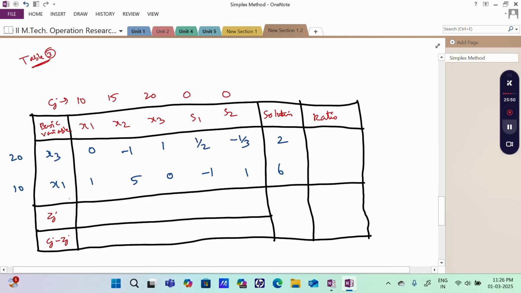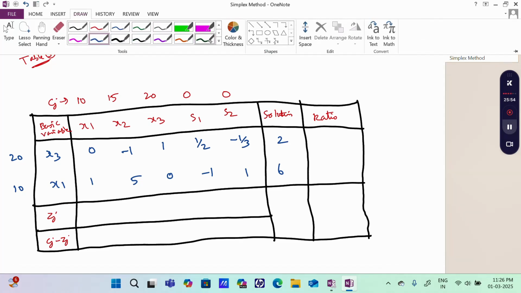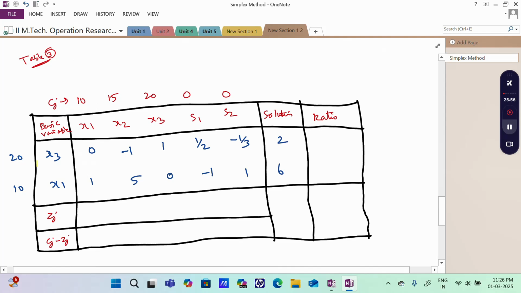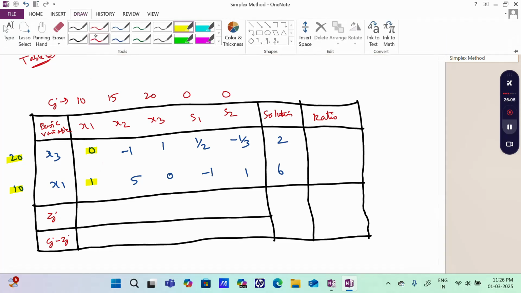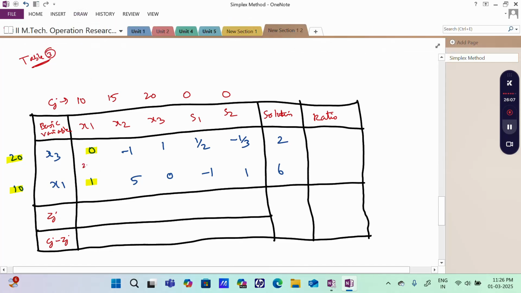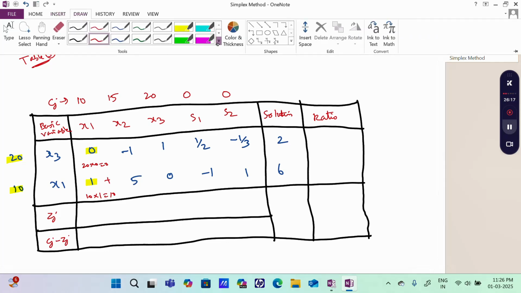Now how to calculate Zj? 20 into 0, 10 into 1, then we add these two: 0 plus 10, 10.